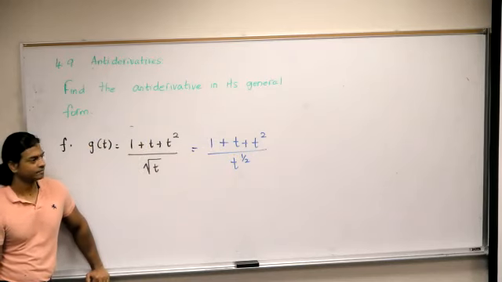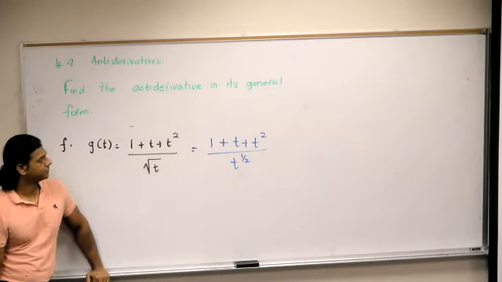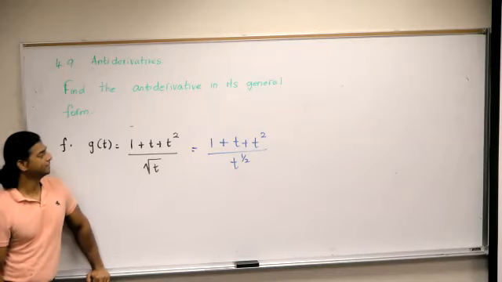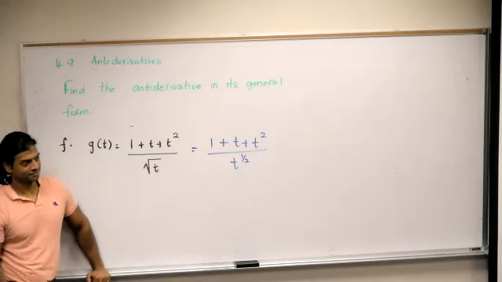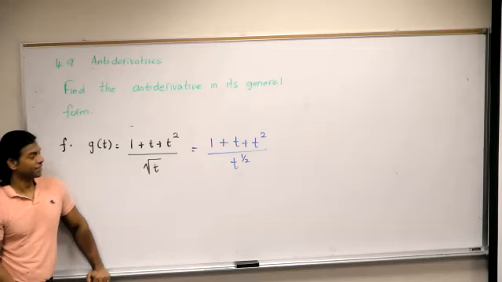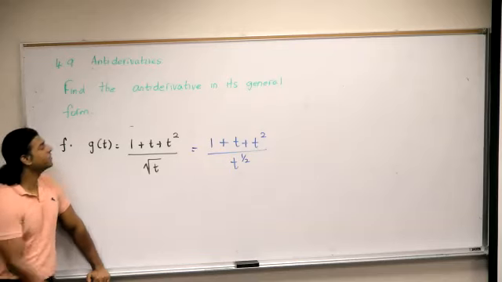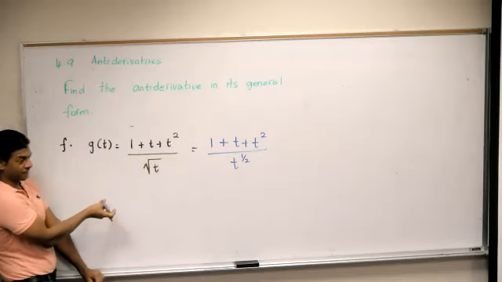If you make it a negative 1/2, it goes on the top. Wouldn't it be nicer like that? What would you do after that? Product rule. We're not taking the derivative of this.